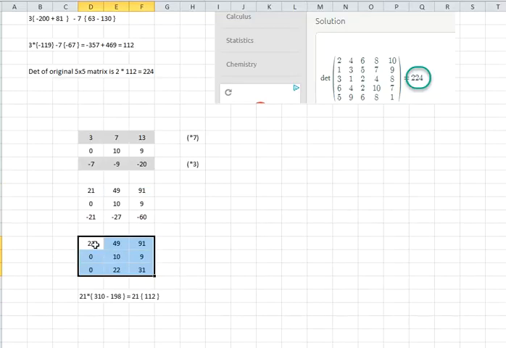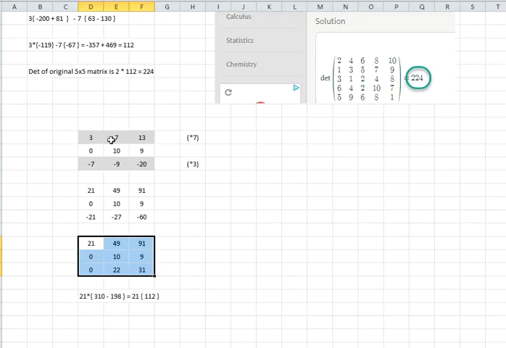Now I'm going to say the determinant of this is 21, 10 times 31, 310, minus 22 times 91, which is 198. So the determinant of this is 21 times 112. Now I have to divide out by the 7 and 3.